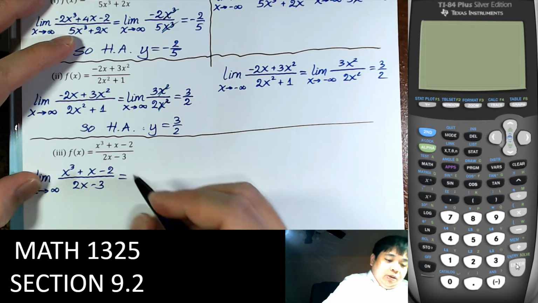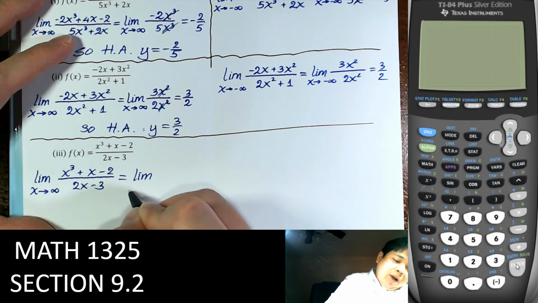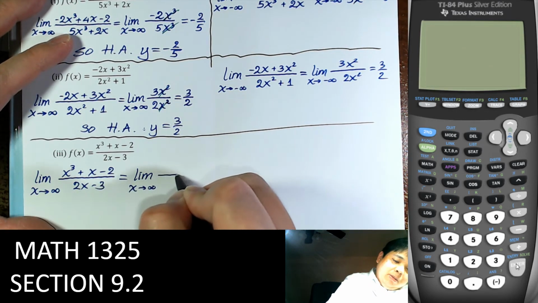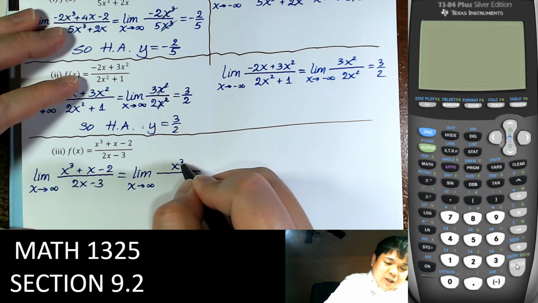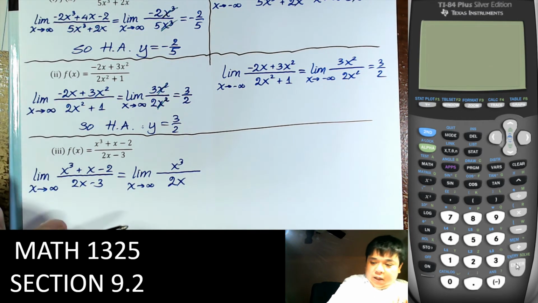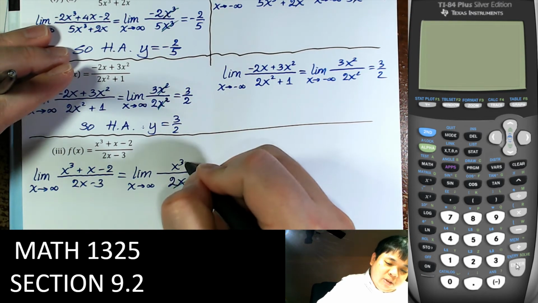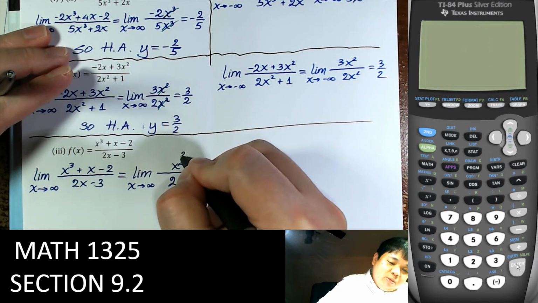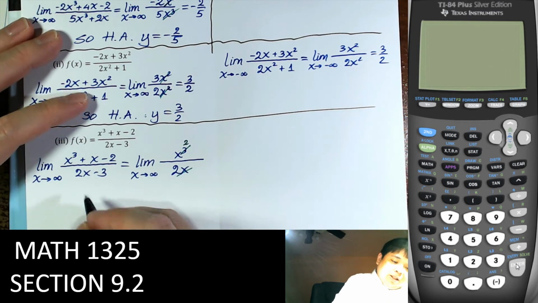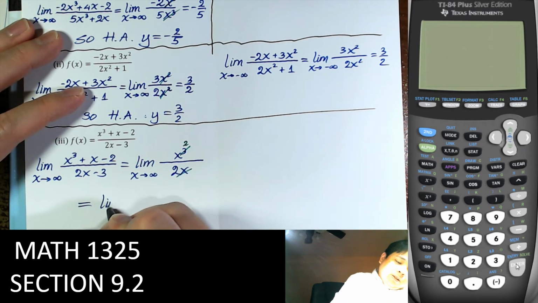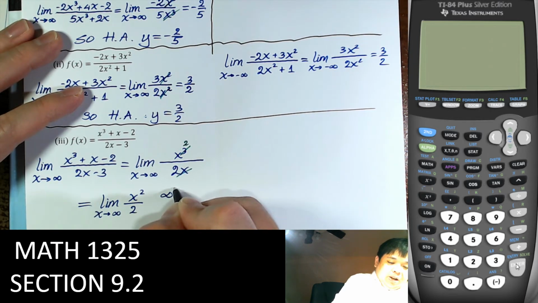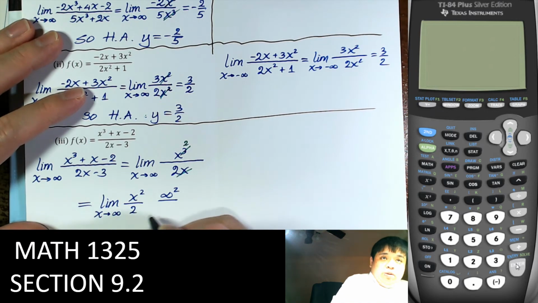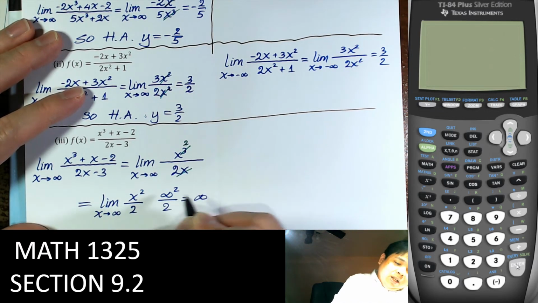When x goes to infinity, only the highest power term matters. So we just have x cubed over 2x. We cancel 1x at the bottom. There are 3 on the top, so we cancel 1 of them out. We have 2 left. So that gives us x squared over 2. Now x is infinity. x going to infinity divided by 2 still is infinity.